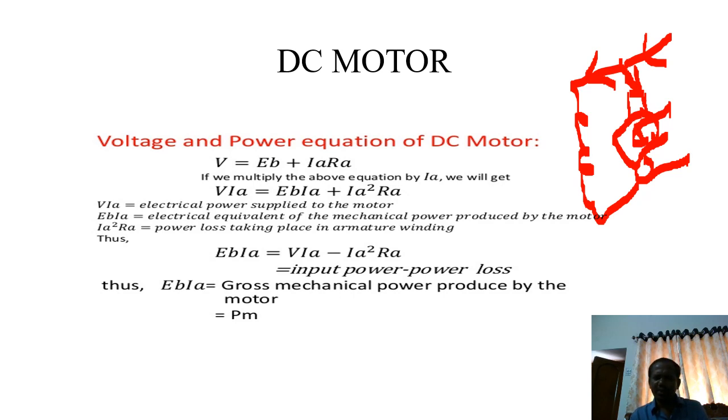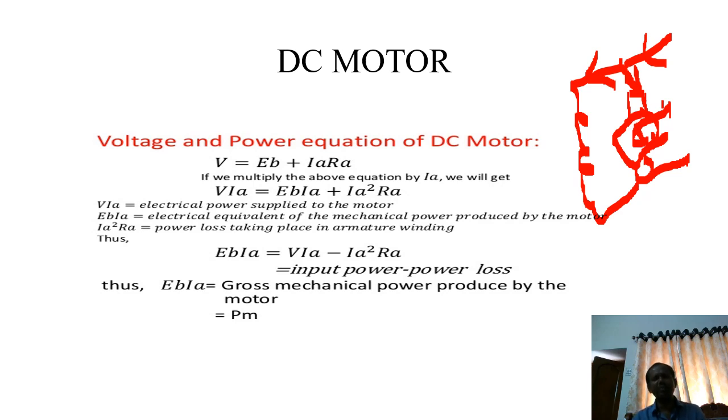The terminal voltage is V, which is supplied, and there is a small voltage drop in the armature, IaRa. Therefore the equation for the DC motor is V is equal to EB plus IaRa, where V is the terminal voltage.